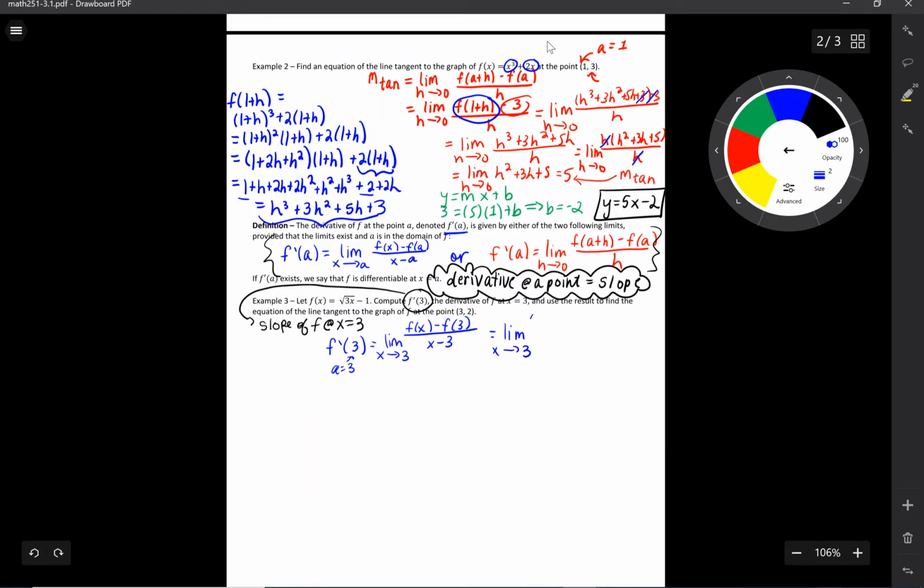F of x is simply the square root of 3x minus 1. And I know, because it gives it to me, that f of 3 is equal to 2, over x minus 3. So if I combine my minus 1 and my minus 2, this is the limit as x goes to 3 of the square root of 3x minus 3 over x minus 3.